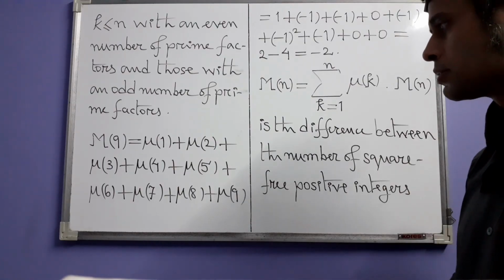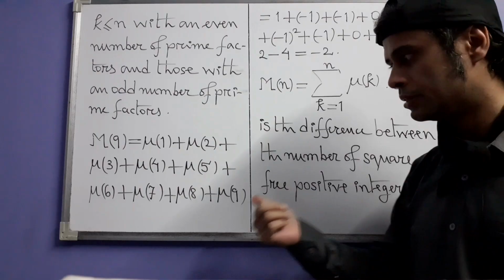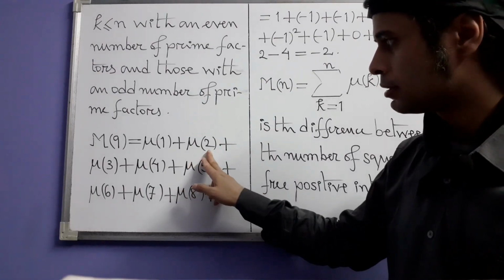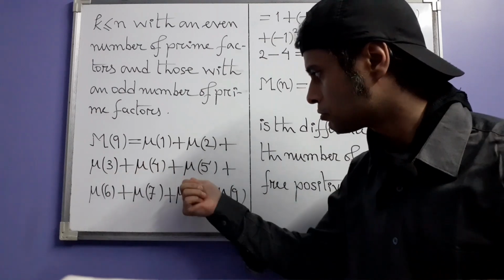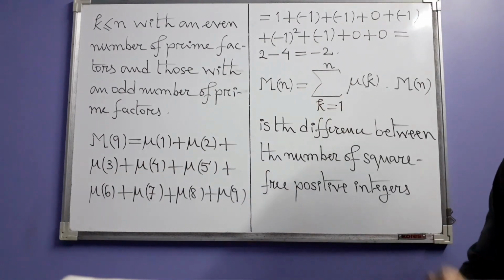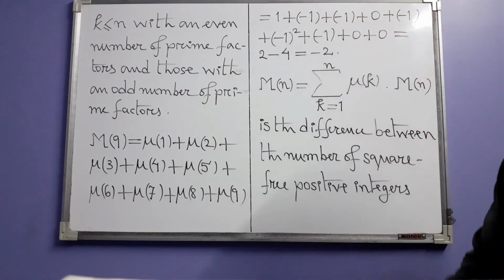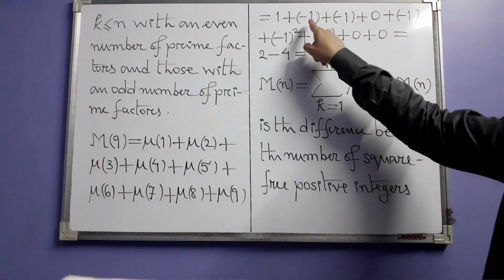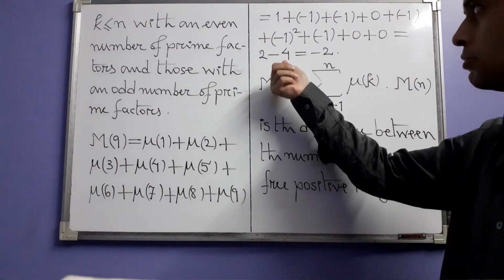Which are the ones that have an odd number of primes in their prime factorization? In this case, those are the primes themselves, 2, 3, 5 and 7, and the contributions that they make in this sum are minus ones. Each one of them is minus 1. So you get 1, 2, 3, 4, four minus ones. So that's how you get minus 4.